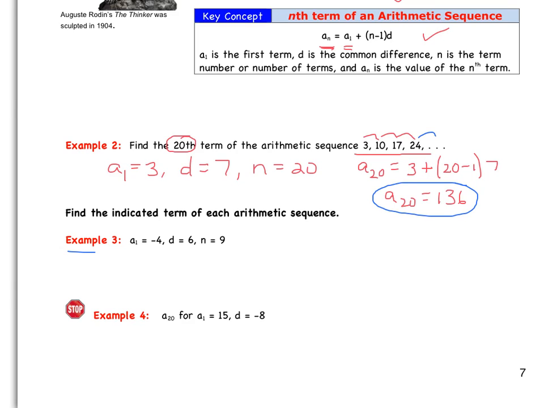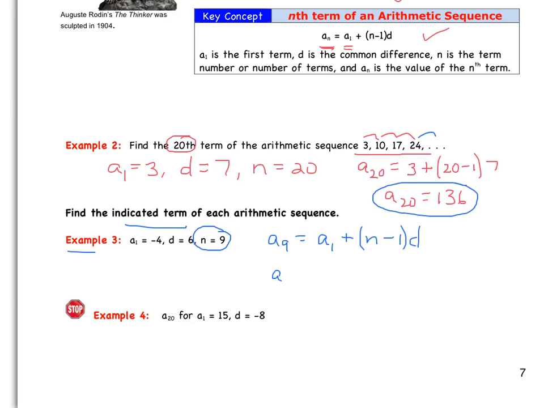You're supposed to find the value of the indicated term. Since they're telling us that n is equal to 9, that means they want us to find the value of the 9th term. We're still going to use the same formula from above: take the first term, add the number of terms that we want minus 1, and multiply by the common difference.